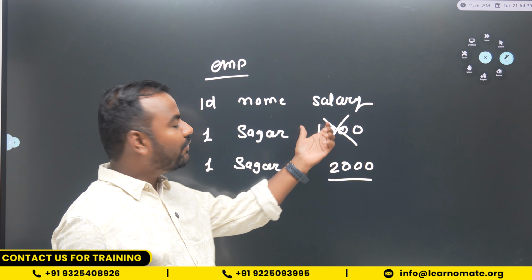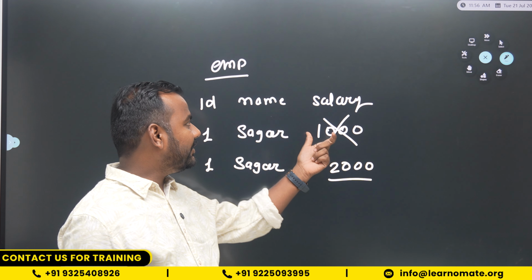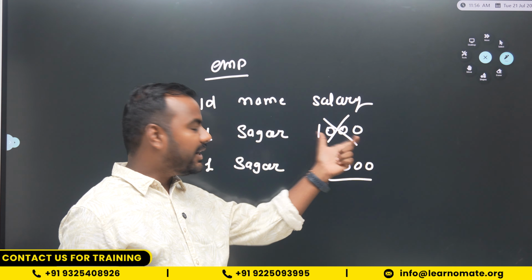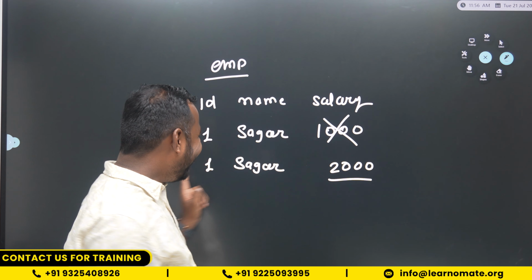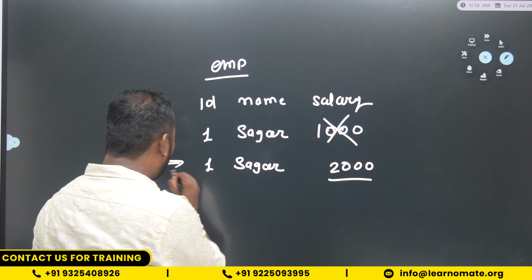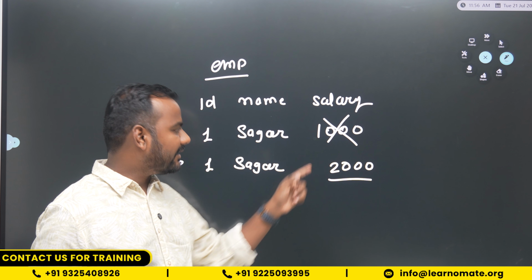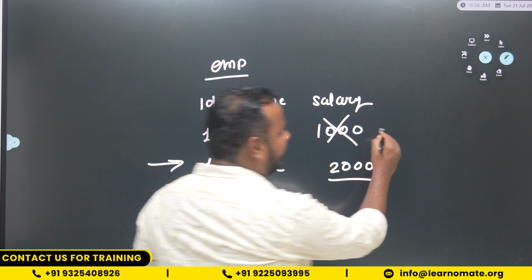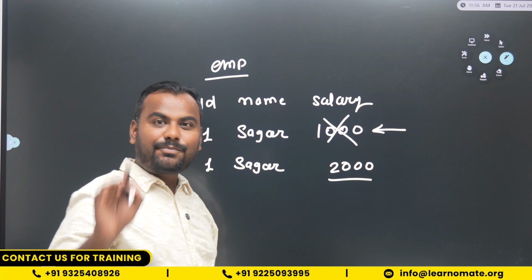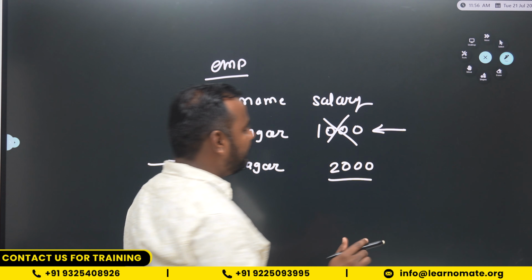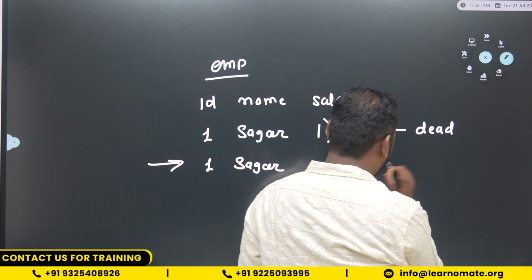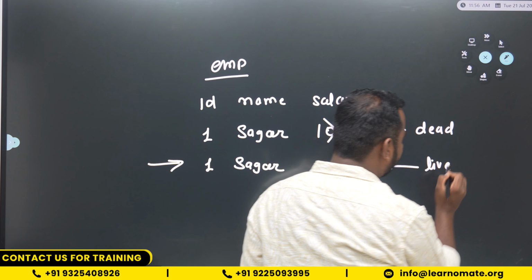Whenever you update the 1000, the same record will not be updated. Internally it will insert one more record, one Sagar 2000, and after the commit the old record will still be available in the PostgreSQL table. This tuple means row; we call it a dead tuple, and the new one will be my live tuple.